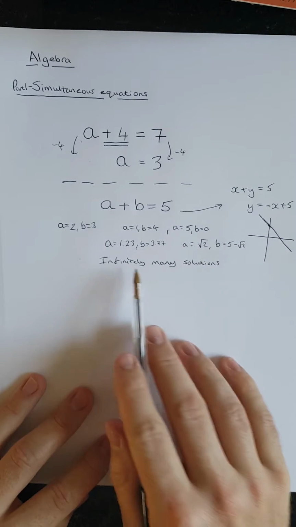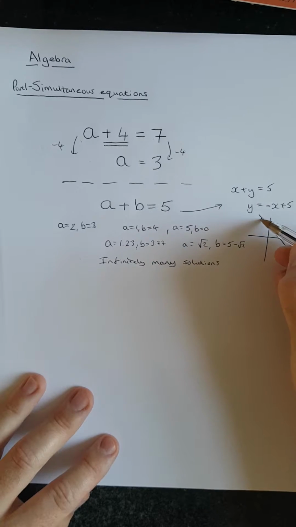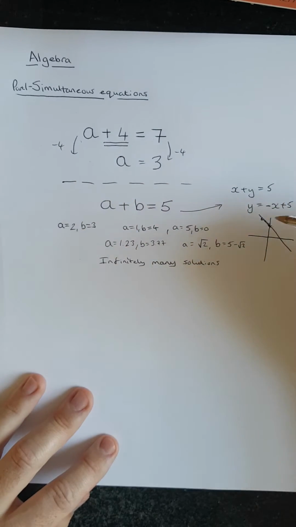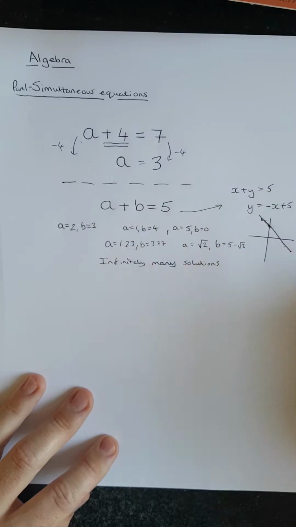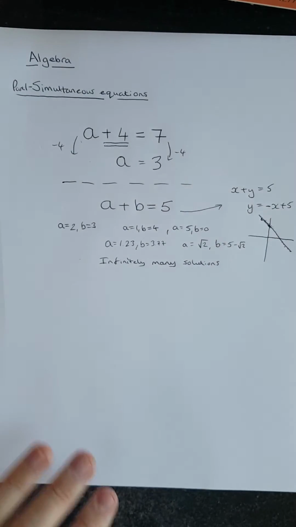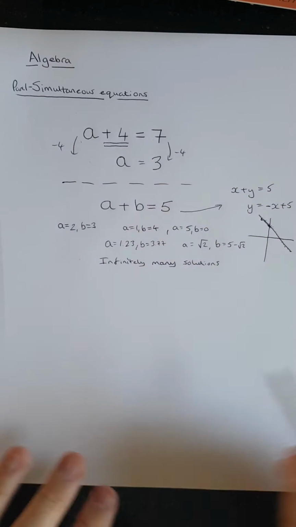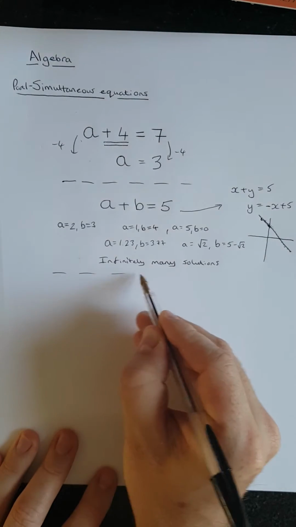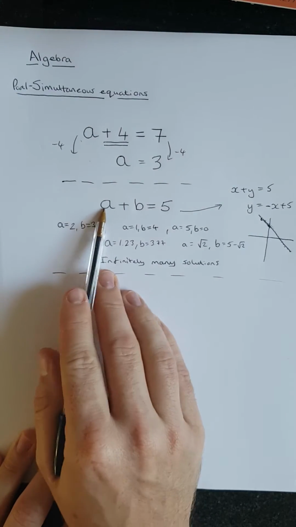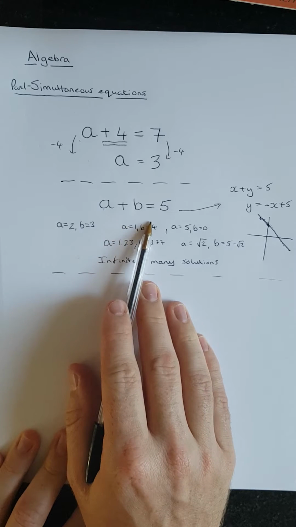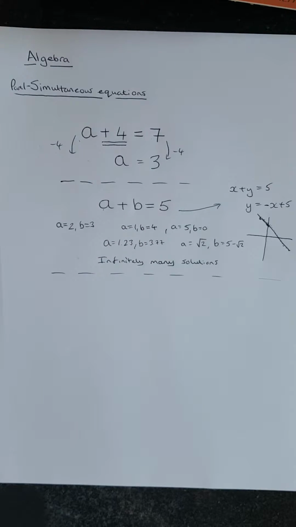Now, the reason there are infinitely many solutions is there are infinitely many points on the line that follow the rule. If you haven't seen graphing yet, don't worry about this. Just focus on the fact that whatever you do and pick an A, there's always a B value you can pair with it to make 5.